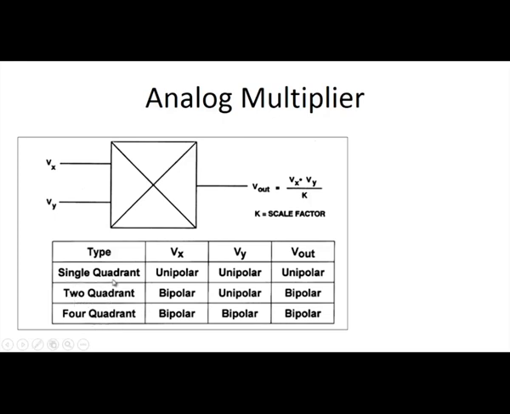In a single quadrant analog multiplier, the input signals Vx and Vy are unipolar, so the output is unipolar. Take the x-axis for Vx and the y-axis for Vy.